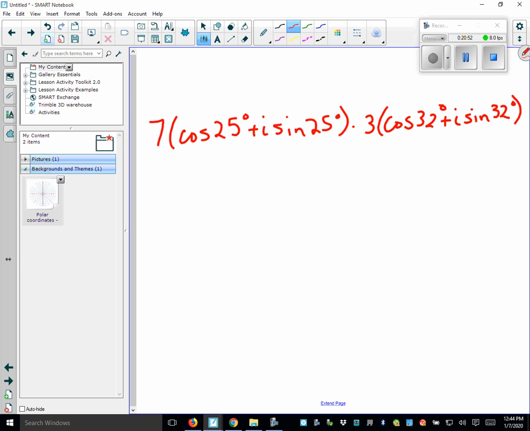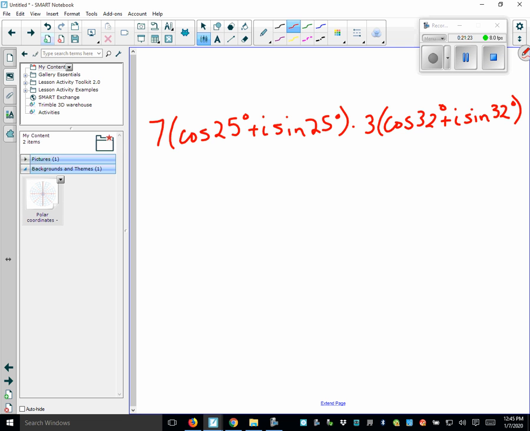The directions say, write the product, leave your answer in polar form. What do I do? How do I multiply these two numbers? No, I don't FOIL. We start with the angles.